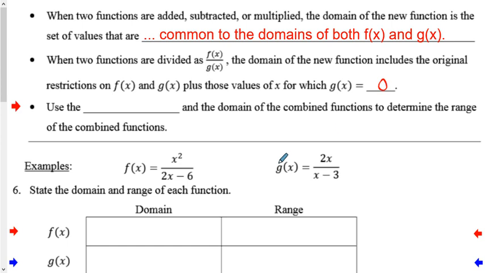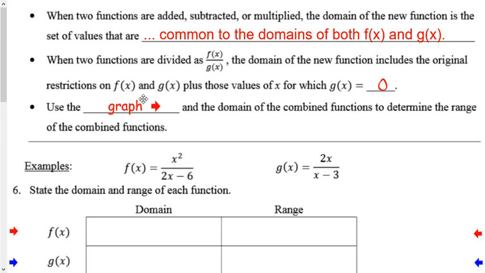So again, we can get new restrictions as we did in the last example on the previous page. And the third bullet here, we want to use the graph and the domain of the combined functions to determine the range. So graphs will always be useful to look at. We didn't actually look at a graph in our last example because we understood enough from the work that we did back in chapter 2.